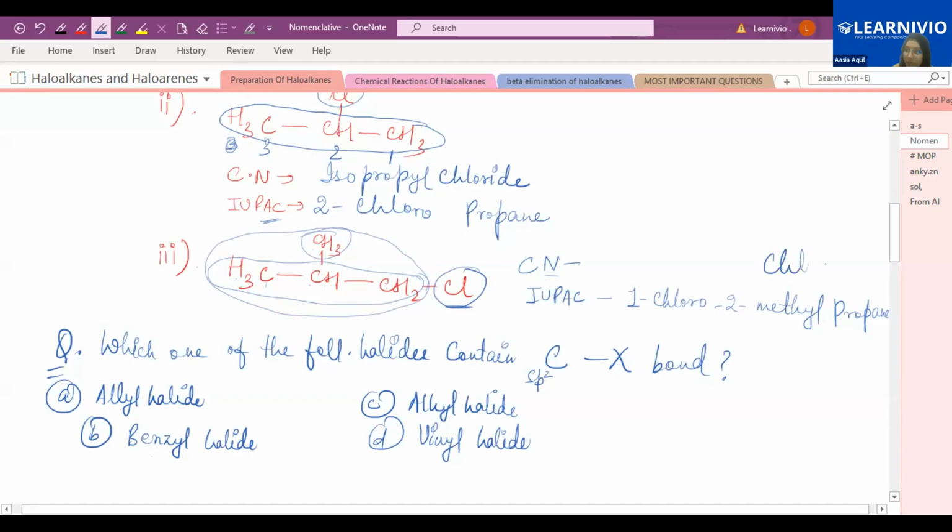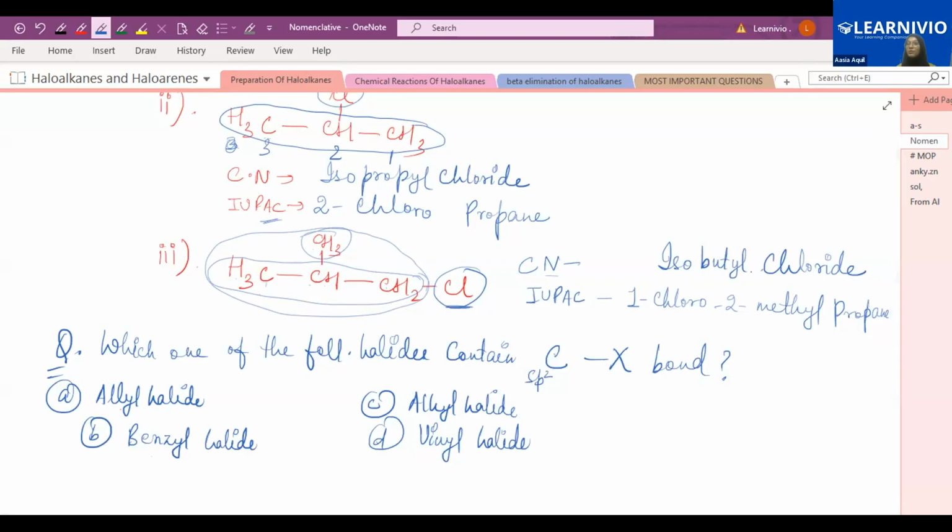It's chlorine, so we write chloride. Now this is the iso structure again. 4 carbons are there, and for 4 carbons we use the word butyl. So it's isobutyl chloride. The third structure's common name is isobutyl chloride.